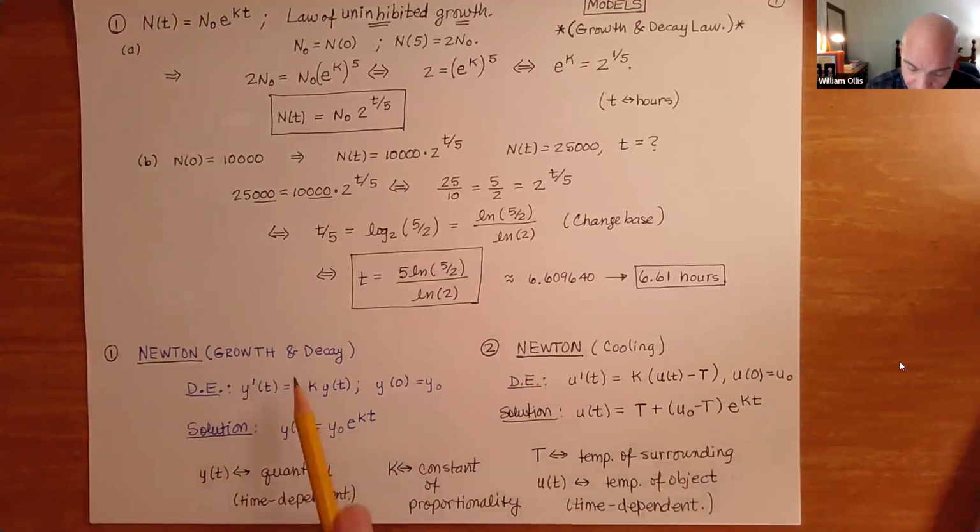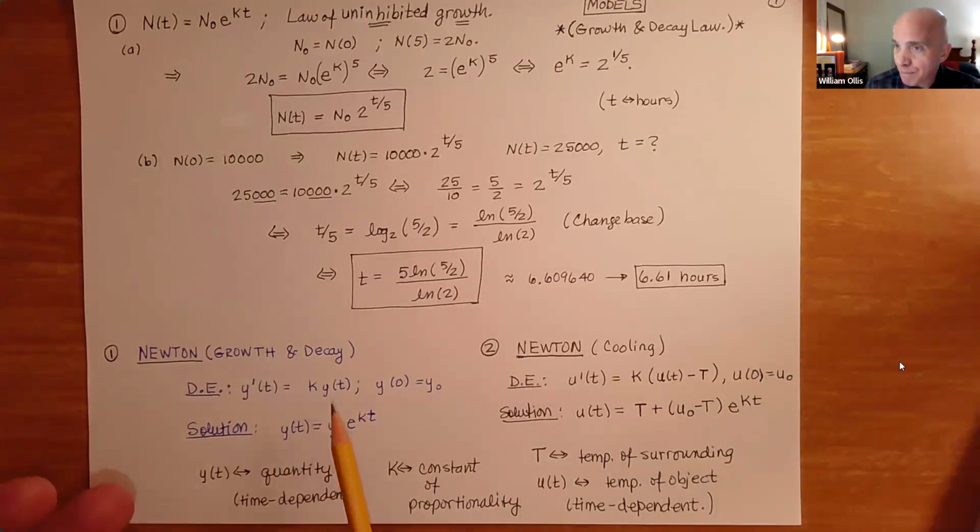So in the first case, we have dE, which means differential equation, and we have the instantaneous rate of change of some quantity y that is time dependent is proportional to the amount of quantity that is present. Now, this is a law that Newton observed experimentally, and then he wrote the mathematics down and solved the equation using the calculus.